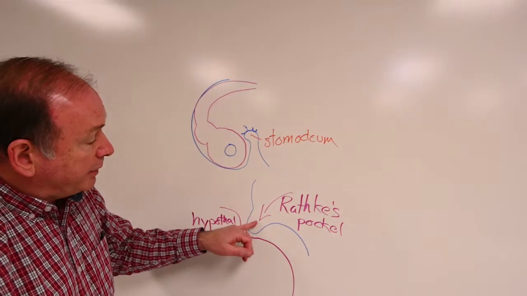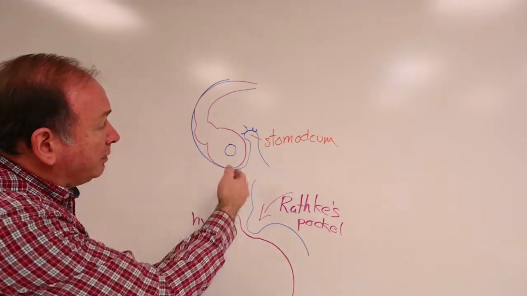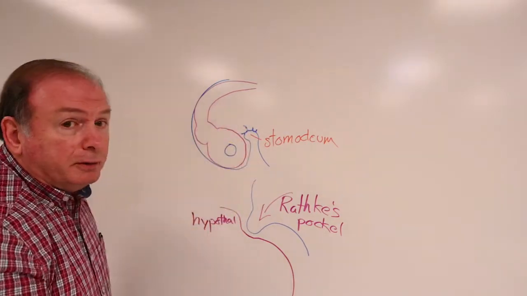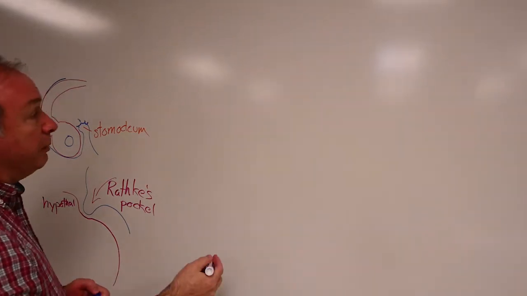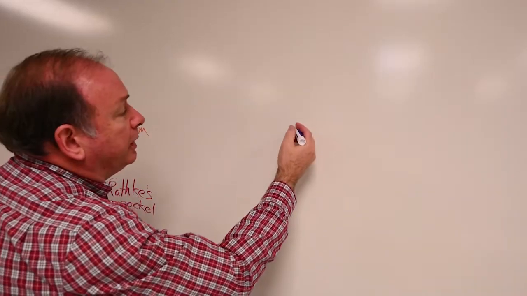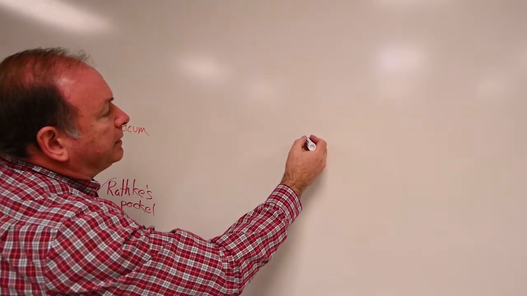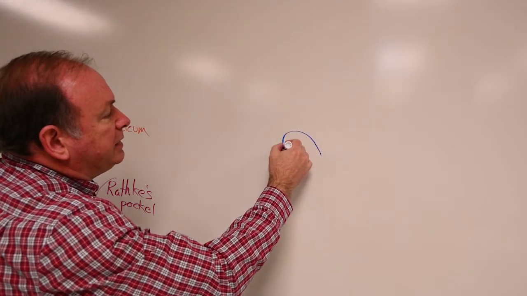Now we're going to look at what happens here between Rathke's pocket and the hypothalamus of the brain, right here where that brain is curled under. Now this is a little odd because we're kind of drawing it upside down because that's the way we drew the original embryo picture there, but once again, here's Rathke's pocket.